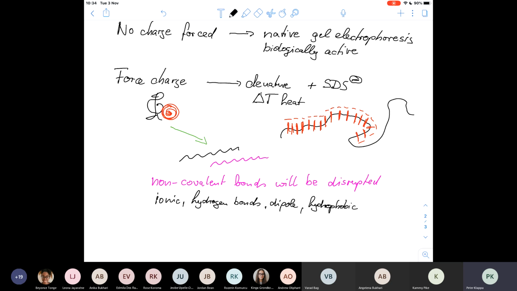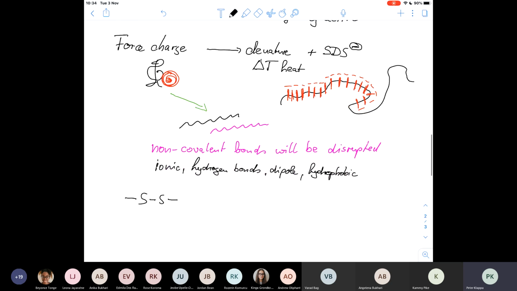What about a disulfide bond? Is a disulfide bond covalent or not? So I draw a disulfide bond between two cysteine residues. Is it a covalent bond or not, the way I have drawn it? Yes, it is.